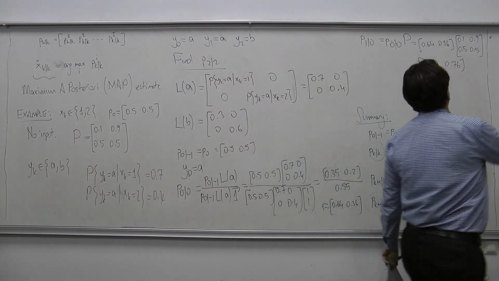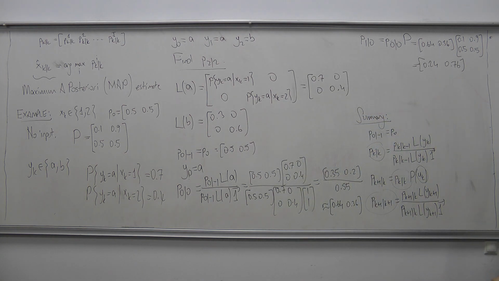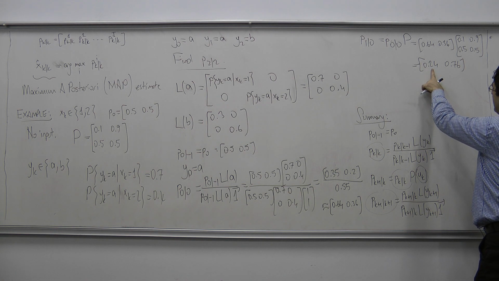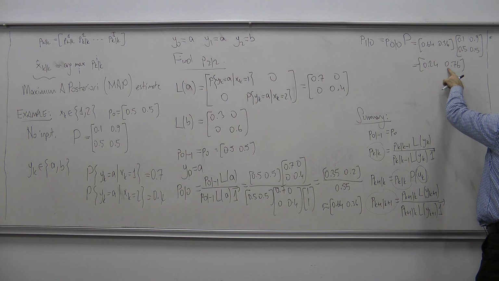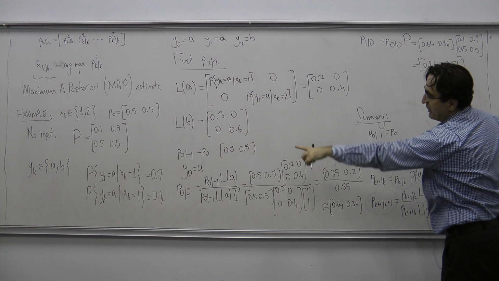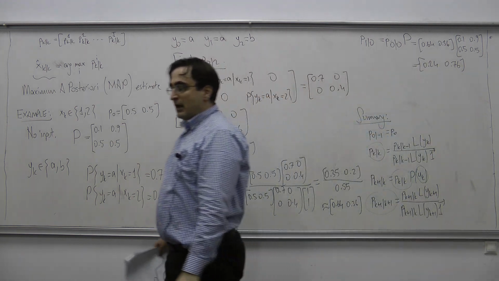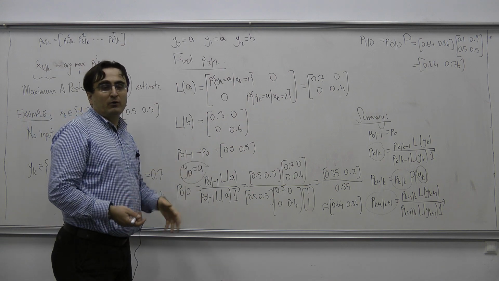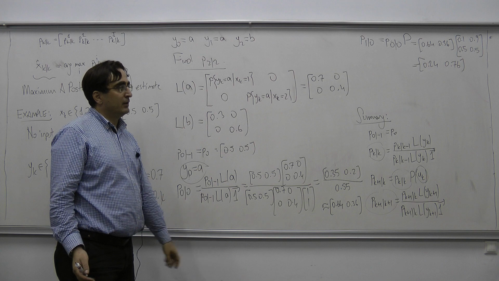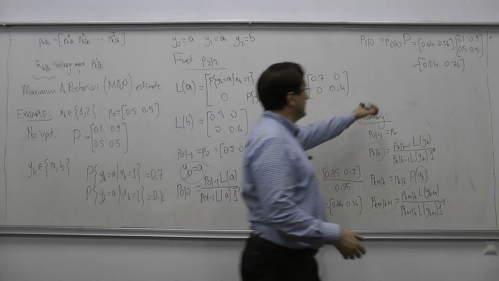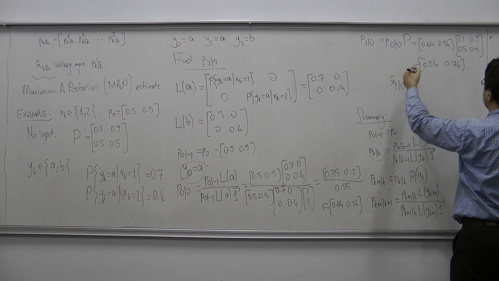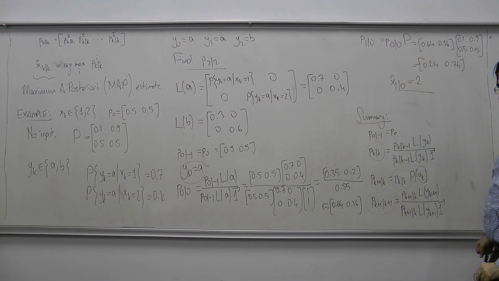So here I have these posterior probabilities: the probability that x1 is equal to 1, x1 is equal to 2, given the measurement y0 equal to a. If I ask you for your estimate of the state x1, x hat 1 given 0 maximizes this probability distribution, and it's going to be 2.